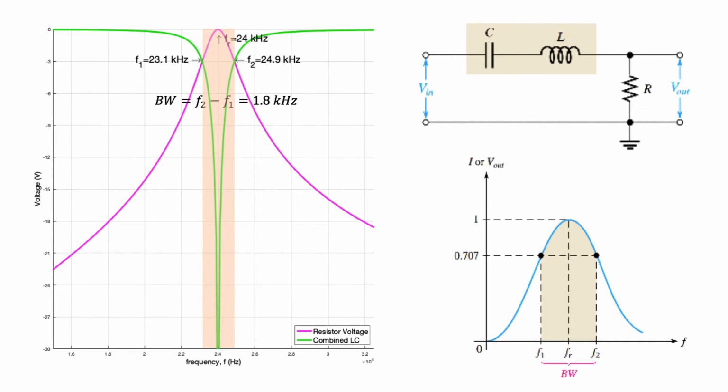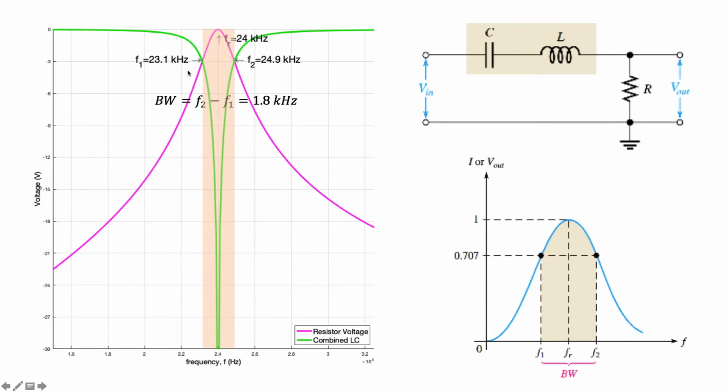We see that, similar to the RL and RC circuits, the input signal is filtered out except at values between 2 points in the graph corresponding to minus 3 dB. These 2 points are F1 equal to 23.1 kHz and F2 equal to 24.9 kHz.